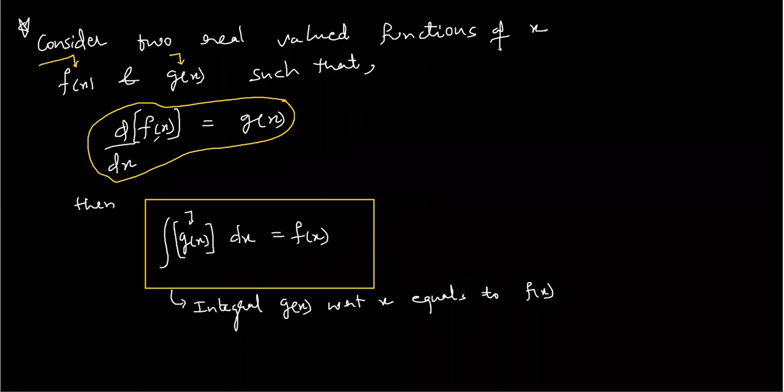Derivative of f of x with respect to x is g of x. Hence, you will say integration of g of x with respect to x will be f of x.